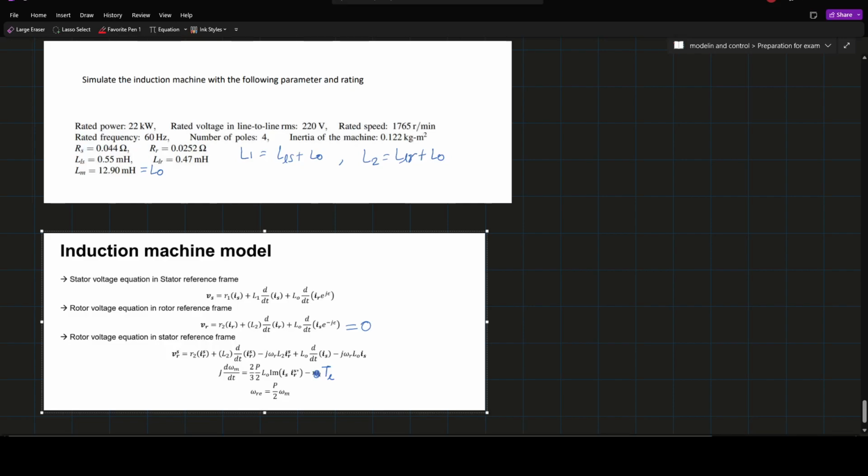Okay, now we are gonna model in MATLAB a one rotor induction machine, and we are gonna use these parameters, they are given here.